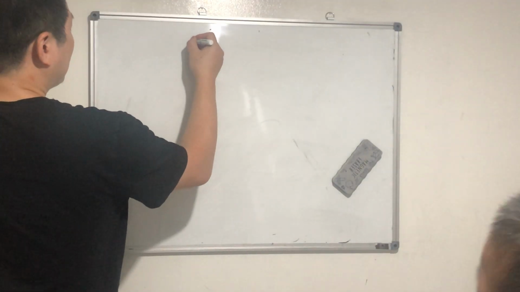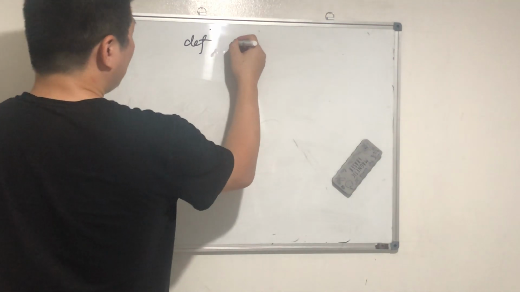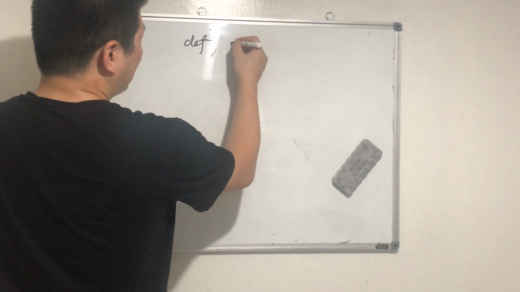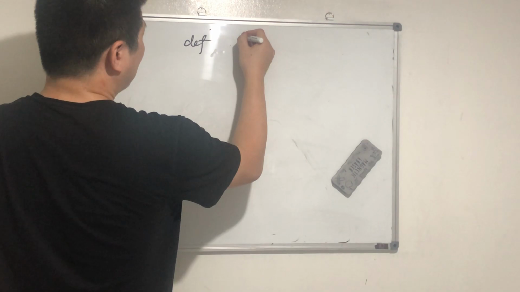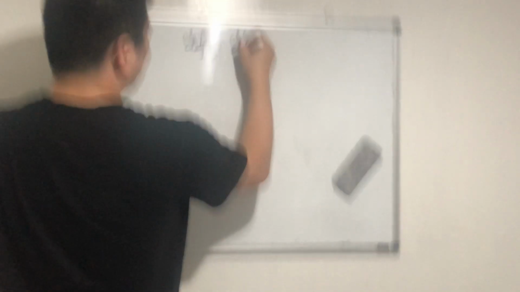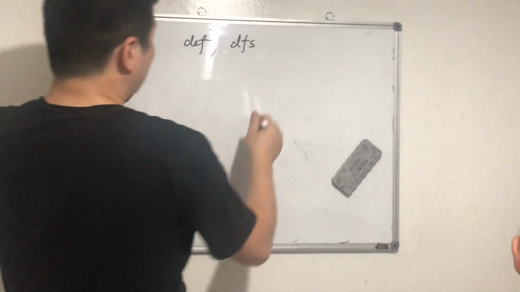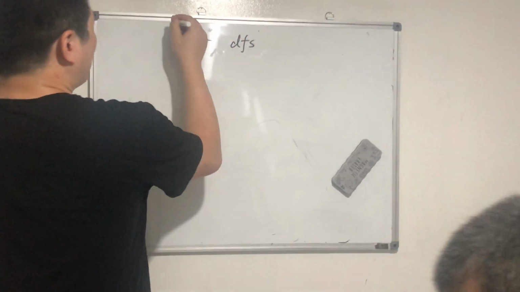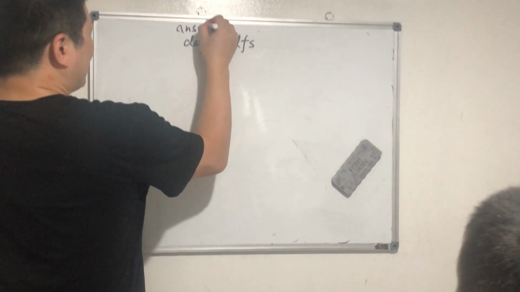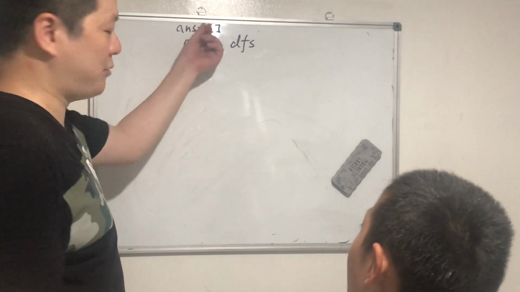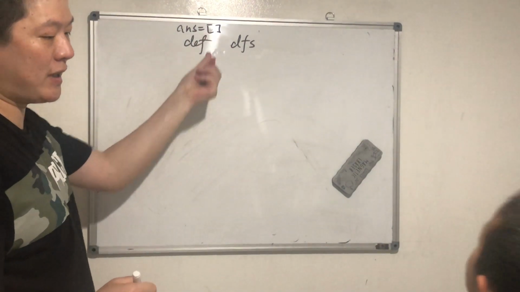Okay, let's do this. Define, let's call it depth search. Then, outside, we have this answer. Answer equals the list of empty solutions.